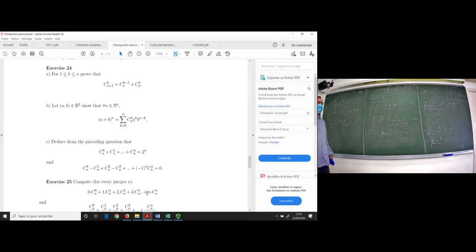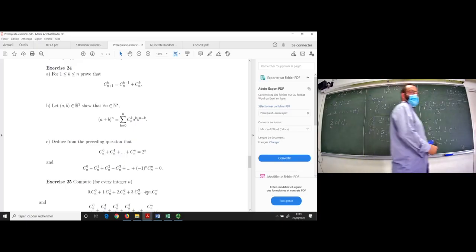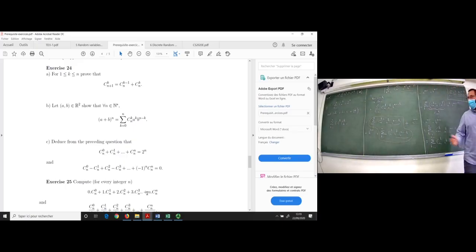I am interested in this sum here. For k equal to 0, I have C(n,0). For k equal to 1, I have minus C(n,1), and so on. And my question is once again, I'll recover this sum from this one.